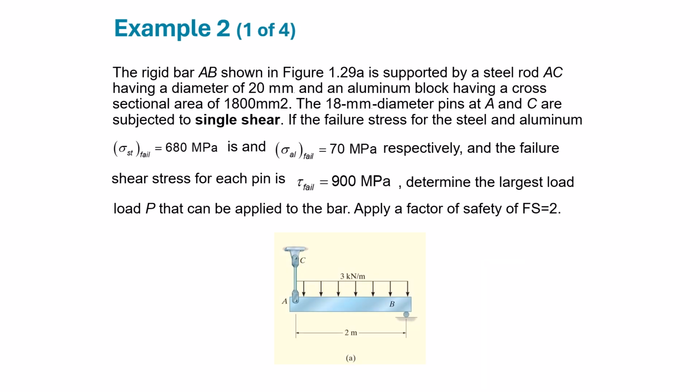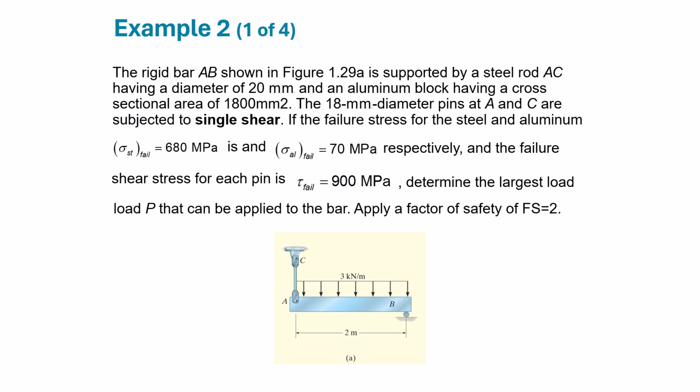Here is one more example. If we have, for instance, rigid bar AB, which is shown here in the figure, and it is supported by a steel rod having a diameter of 20 millimeters, and we have an aluminum block having a cross-sectional area of 1800 millimeters squared, the 18 millimeter diameter pins at A and C are subjected to single shear.